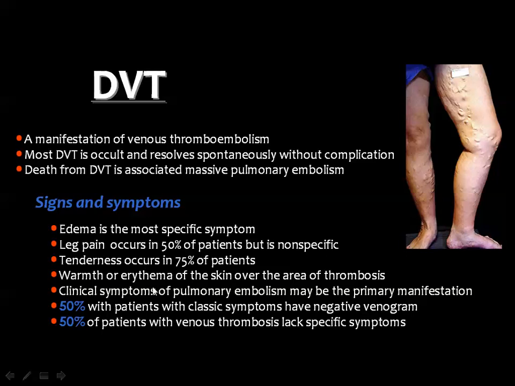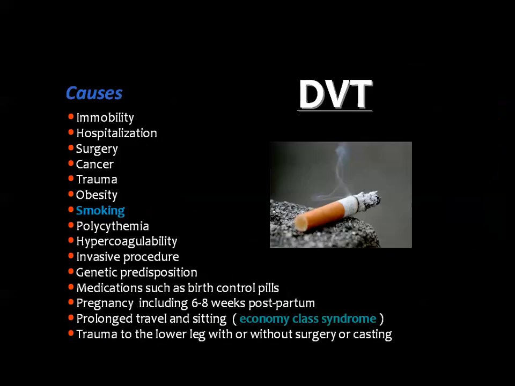Tenderness, warmth, and erythema of the skin over the area of thrombosis, and may also have the clinical symptoms of pulmonary embolism like chest pain and hemoptysis. 50% of patients with classic symptoms have a negative venogram, and 50% of patients with venous thrombosis lack specific symptoms, meaning that in many cases whenever there is a suspicion, then you should go for imaging.